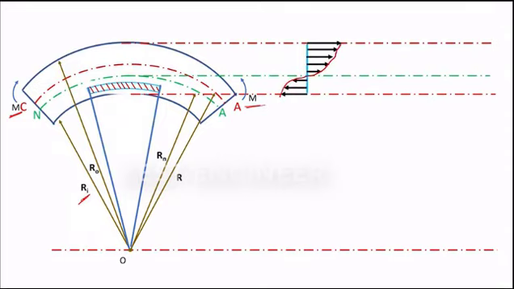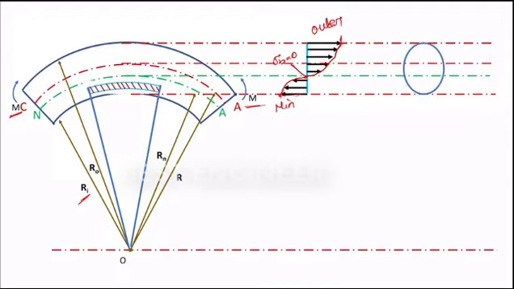It's parabolic, it's not uniform. Here the bending stress is 0, and it is maximum at the outer fiber and minimum at the inner fiber for this section.